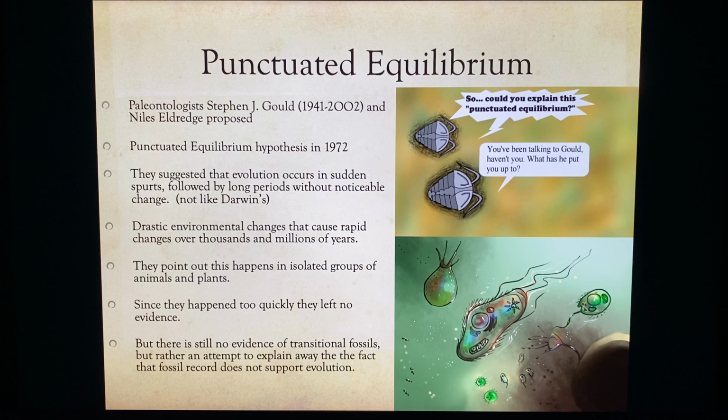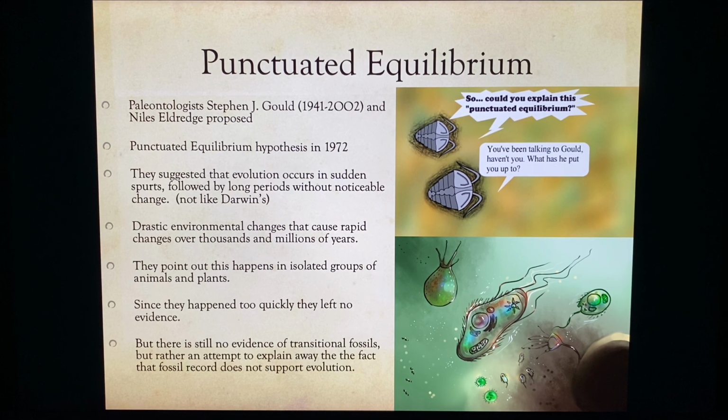They suggested that evolution occurs in sudden spurts, followed by long periods without any noticeable change. Not really like Darwin's. He said basically just constant change. Well, they believed drastic environmental changes would cause rapid changes over thousands and millions of years. They point out this happens in isolated groups of animals and plants.